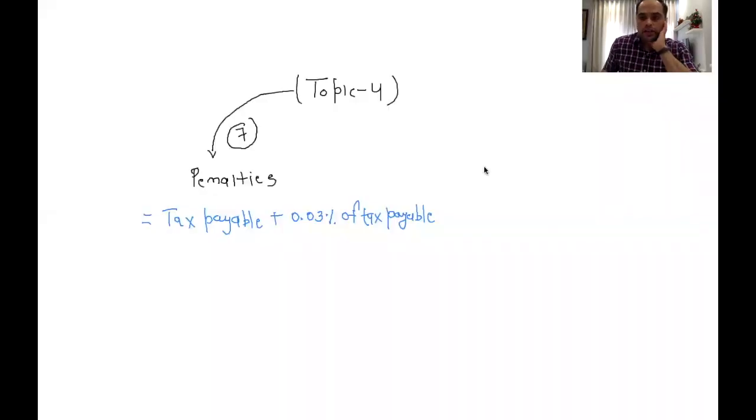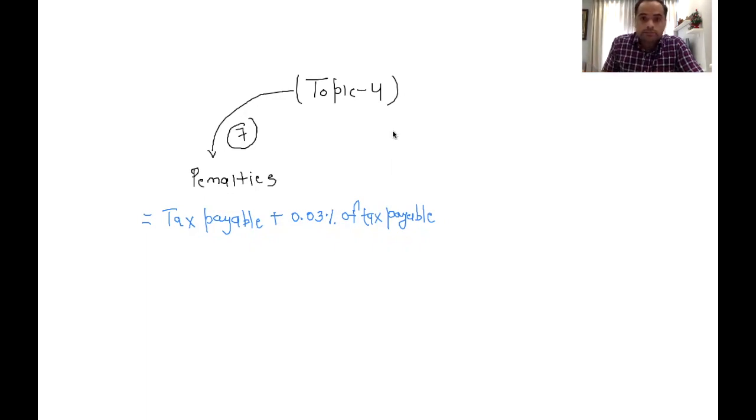Okay, so that's all about learning outcome 7. I forgot one more learning outcome to explain. That learning outcome is about declaration and submission, submitting a tax file in relation to VAT.